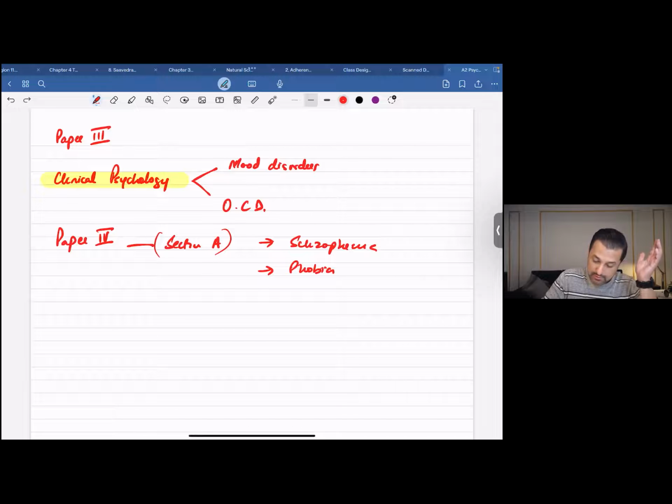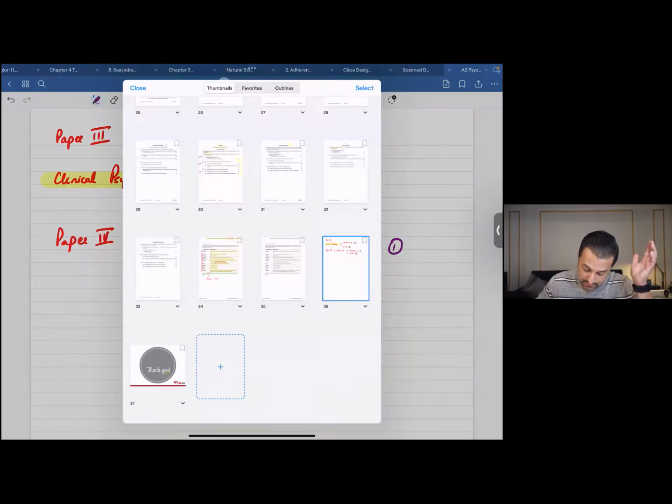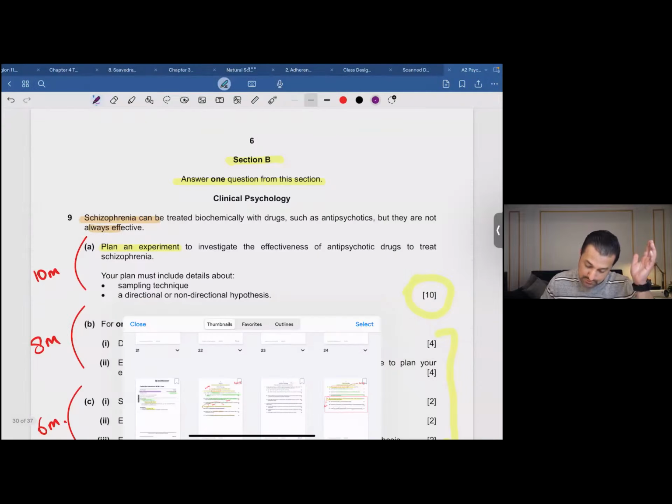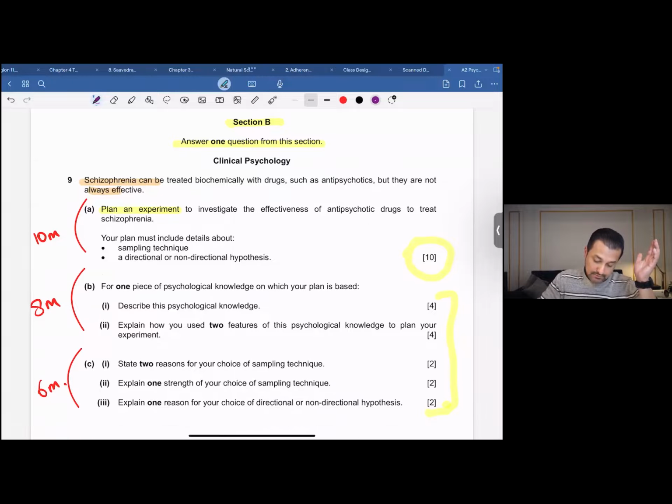Let me remind you, just in case you've lost track, this was chapter or unit 1, this was unit 2, this was unit 4, and this was unit 5. We still have this one left. Again, the question over here is from schizophrenia, that is section B, paper 4.